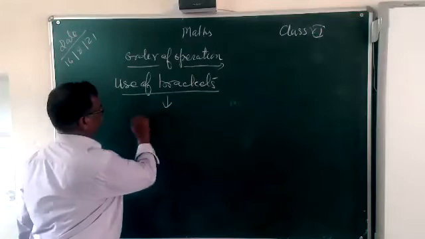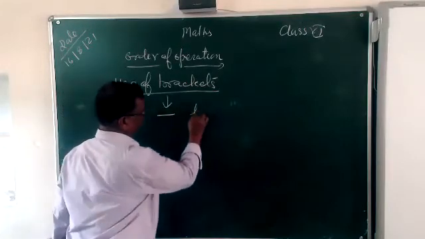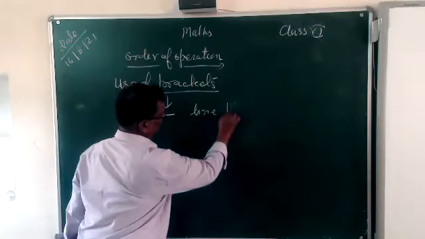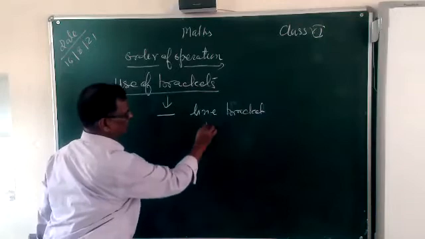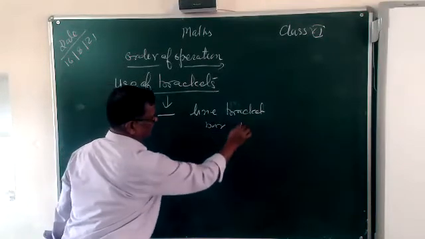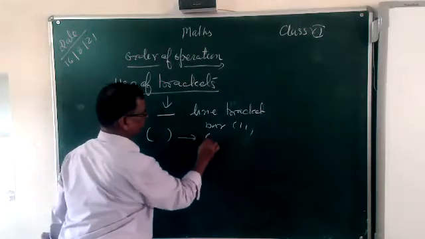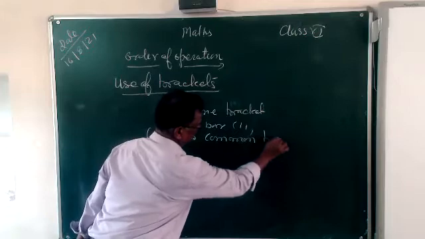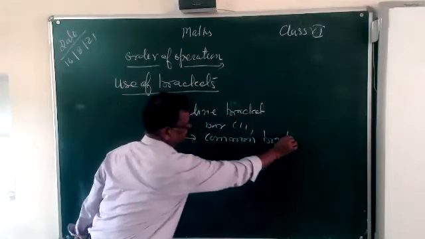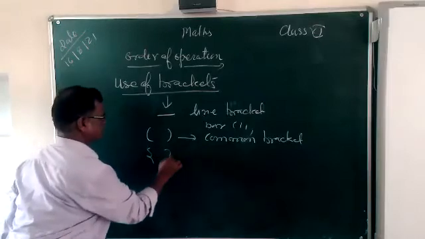So there are four types of brackets. First, the line bracket, or bar bracket. This is the common bracket, or small bracket. And this is the curly bracket.